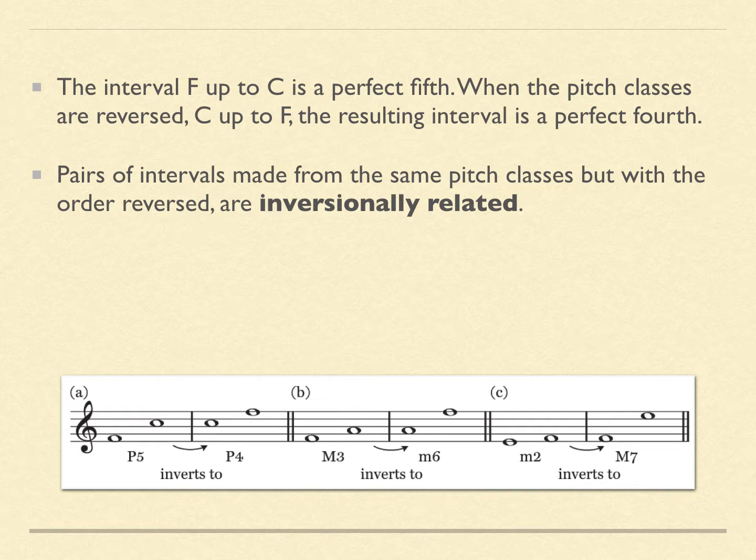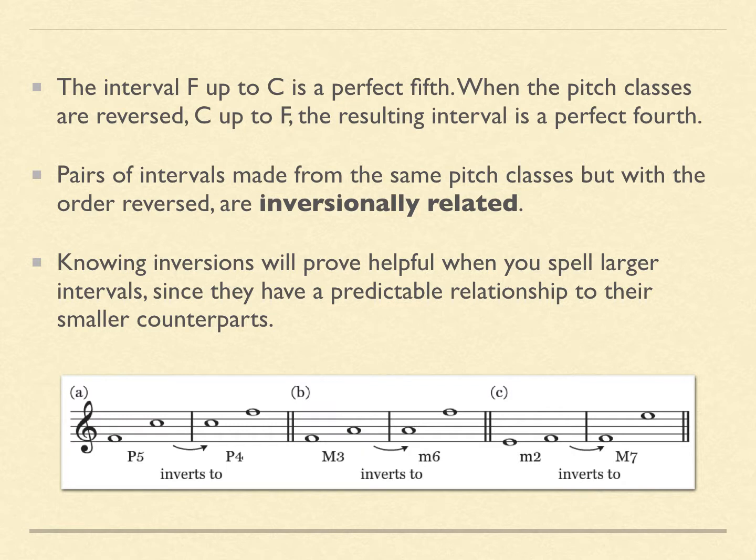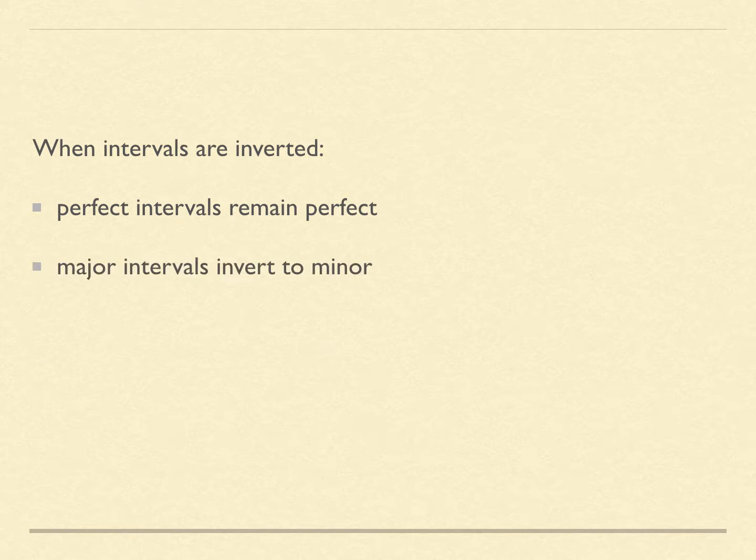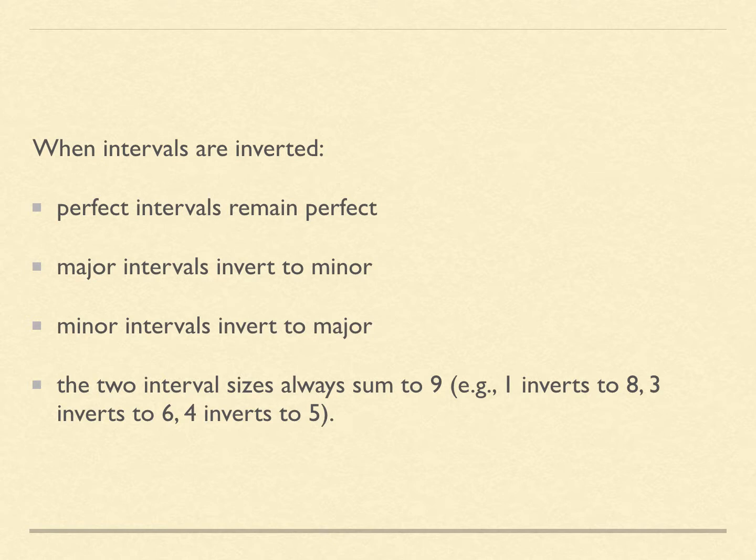A perfect interval still inverts to a perfect interval. But you get adding up to 9 and opposite quality if you're dealing with minor or major. So here they are, sort of in sum. Perfect stays perfect, major becomes minor, minor becomes major, and then we add up to 9.